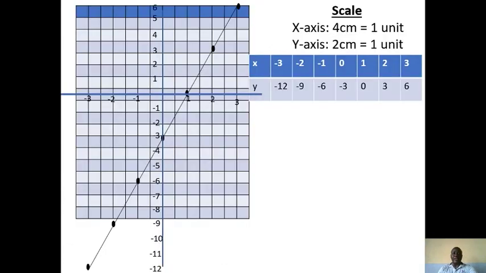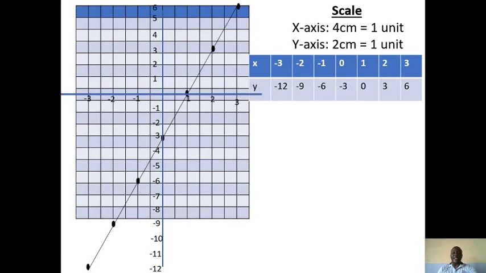If you look at the graph here, you see I tried to scale this graph, because we don't have a graph here, so I have to construct a graph for us. We have the x-axis and the y-axis.